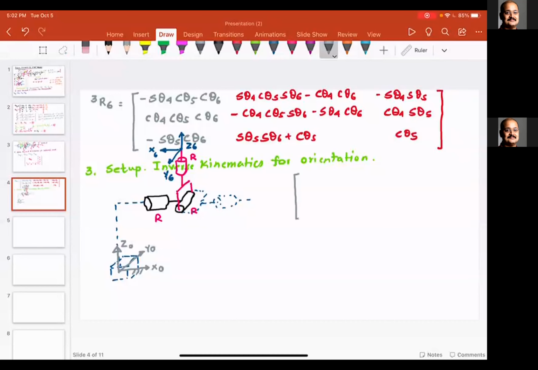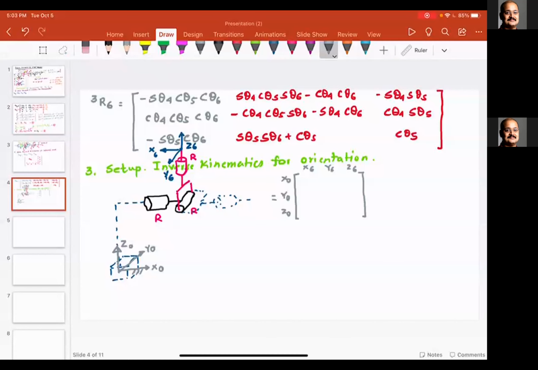So how would the rotation matrix look like? The rotation matrix for this particular orientation is going to look like this, and please note, the sign convention is going to remain the same. X0, Y0, Z0, and X6, Y6, Z6.